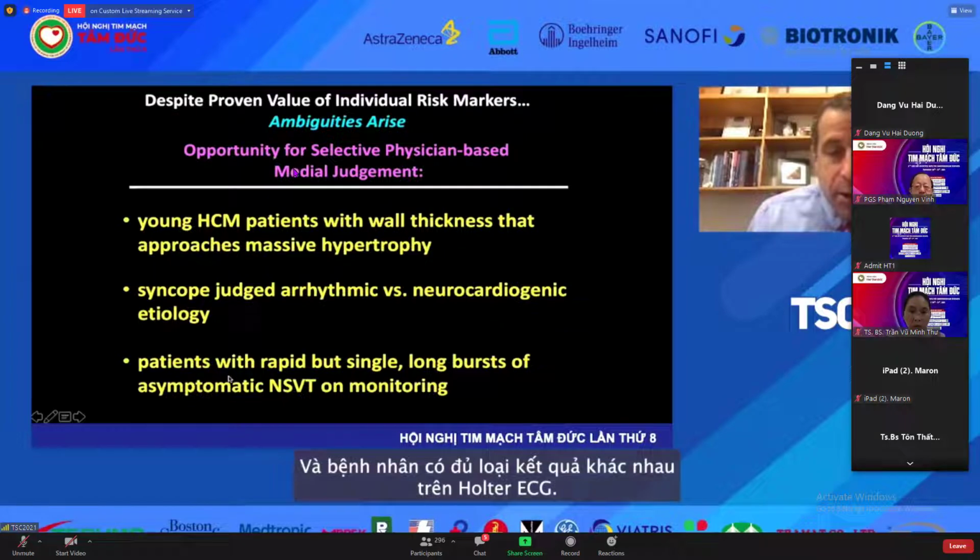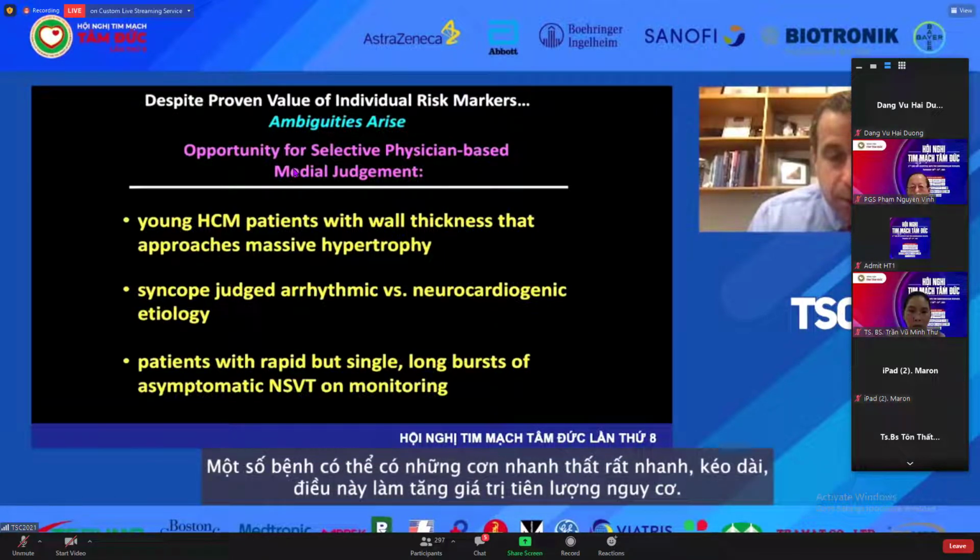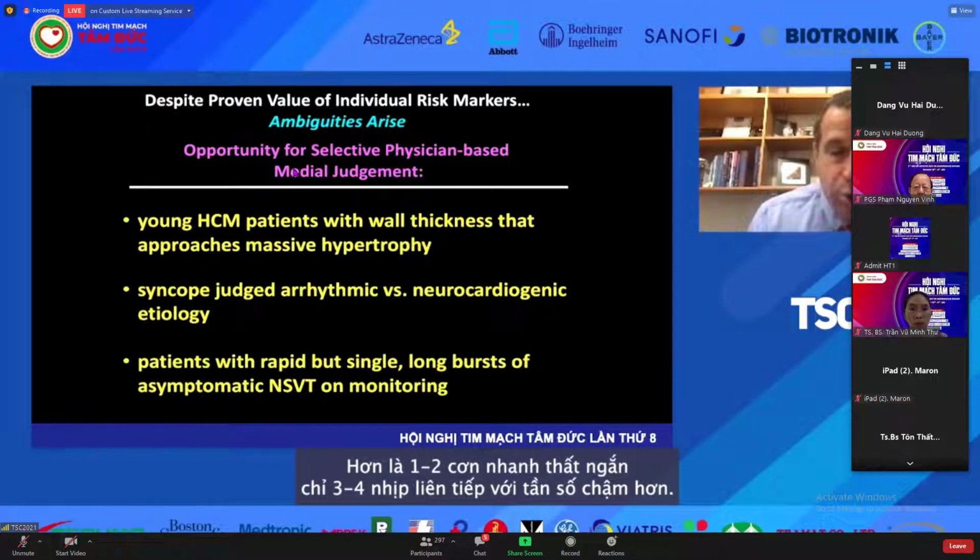And patients that have all kinds of different results on ambulatory monitoring, including some that can have very fast, long episodes of NSVT that may be given greater weight as a risk marker than 1 or 2 short, slower bursts of NSVT, 3 or 4 beats.